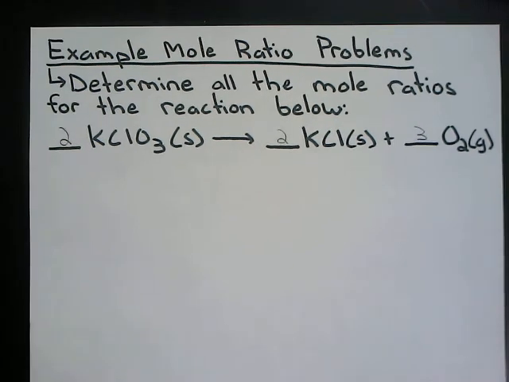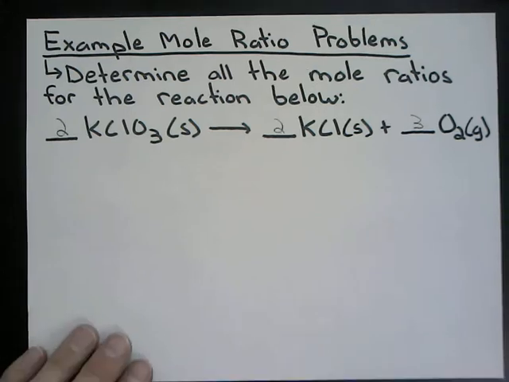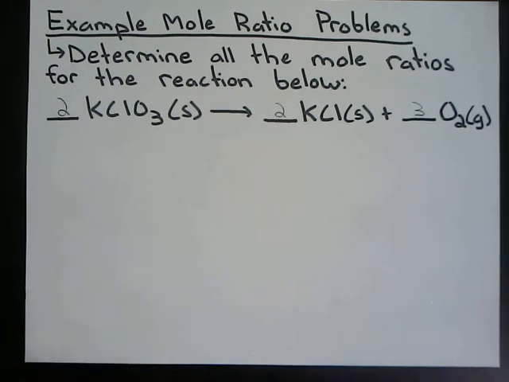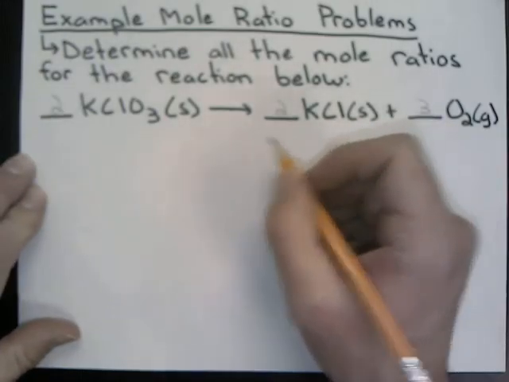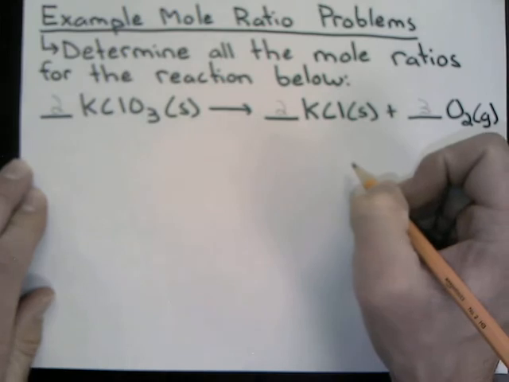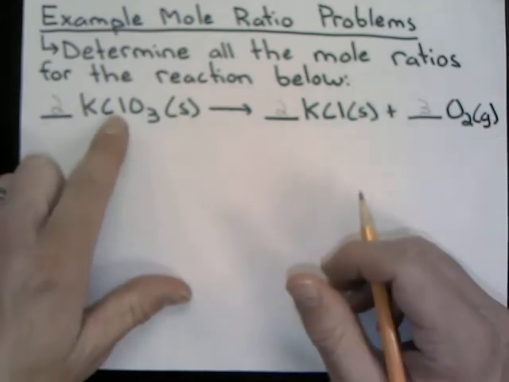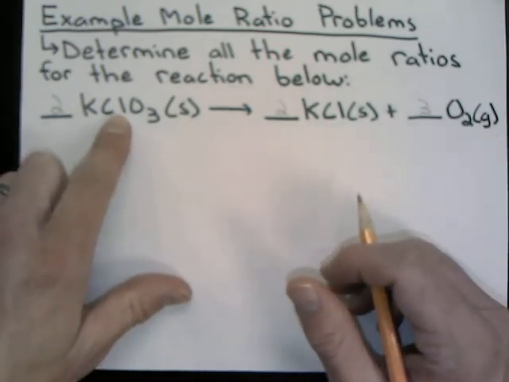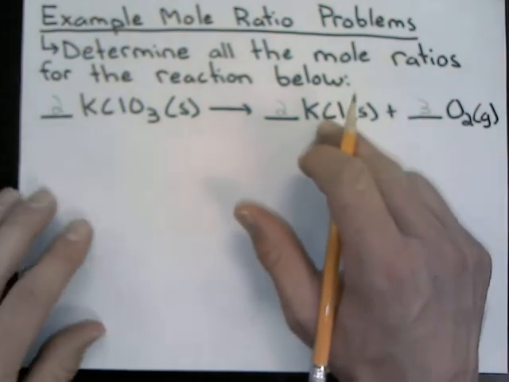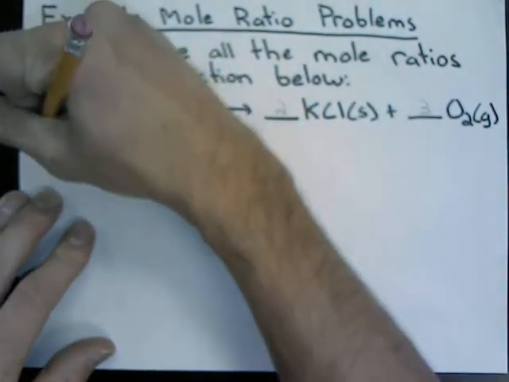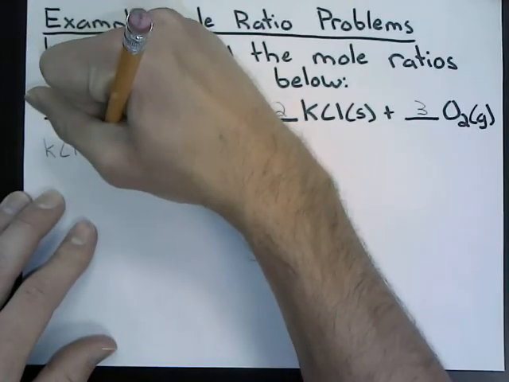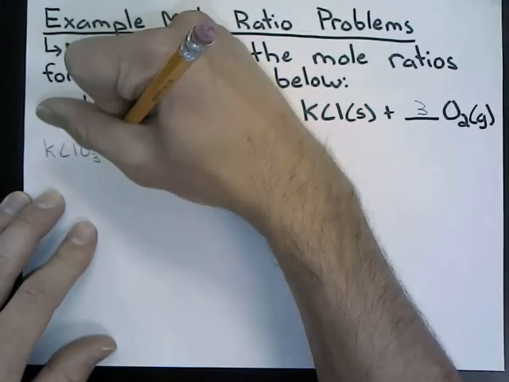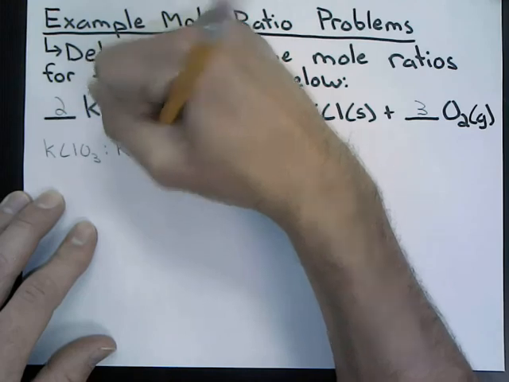So what we need to do is, the problem told us, determine all the mole ratios for the reaction. So what we're going to do here is have a mole ratio between each substance. The first mole ratio I'm going to do is between potassium chlorate and KCl. So I'm going to put KClO3, a colon, then KCl.